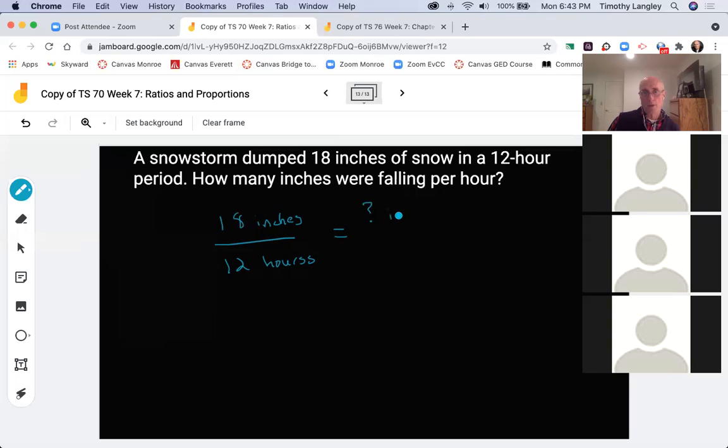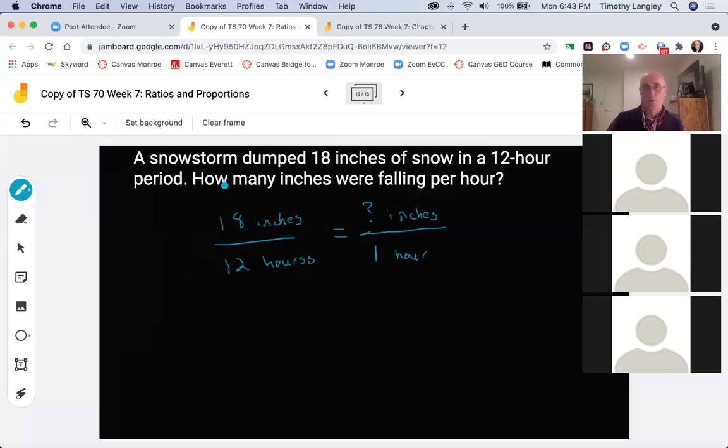How many inches would it do falling per hour? Okay, so this is 18 inches in 12 hours. How many inches in 1 hour? And then from there, I'm going to go 12x equals 18. I'm going to divide each side by 12, and that'll solve really easily and really quickly. Okay.